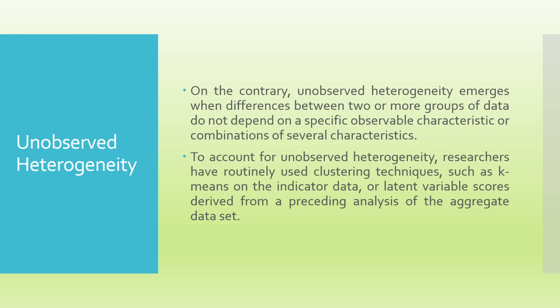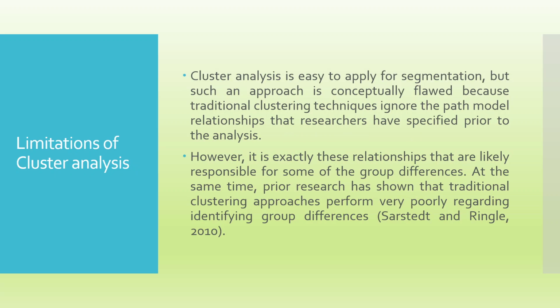Traditionally, we were using clustering techniques such as k-means on the indicator data, or the latent variable scores, to tap this unobserved heterogeneity. But this cluster analysis has some limitations. It has some flaws. The traditional clustering techniques ignore the path model relationships, and therefore we cannot apply cluster analysis on the path model.